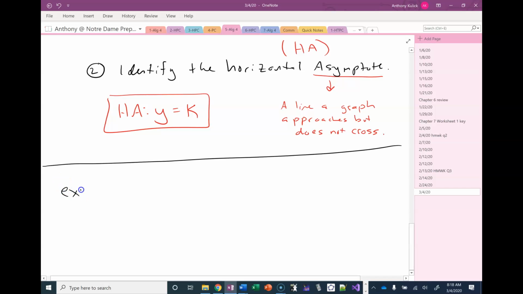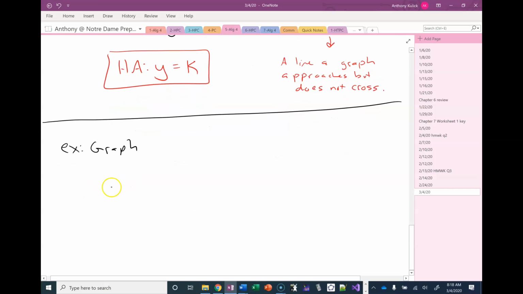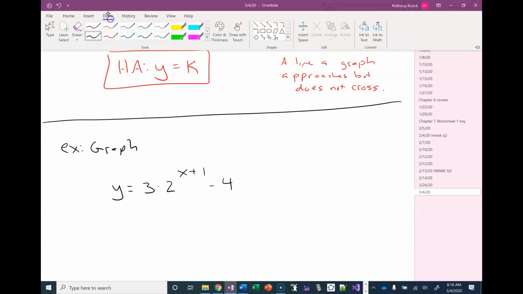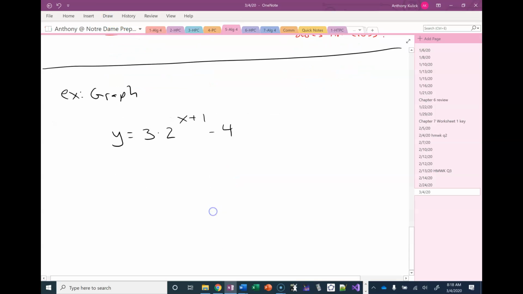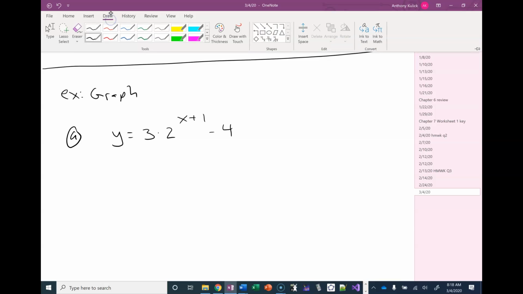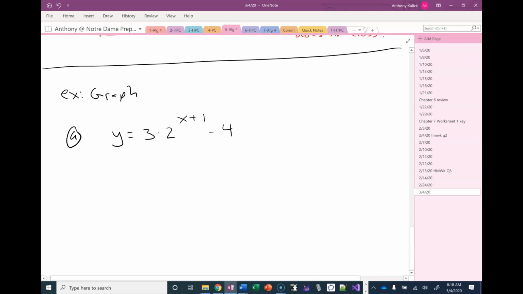So let's do a couple of examples here. Let's say we want to graph y equals 3 times 2 to the x plus 1, minus 4.